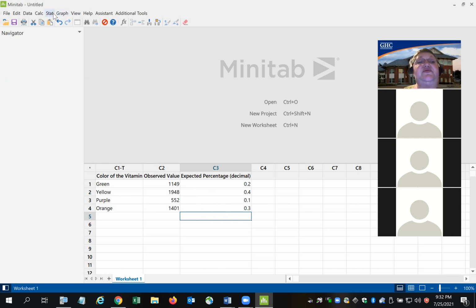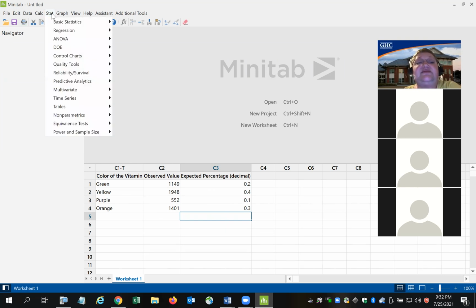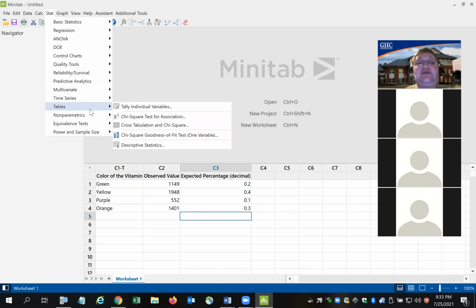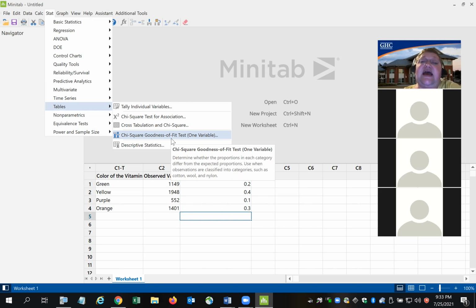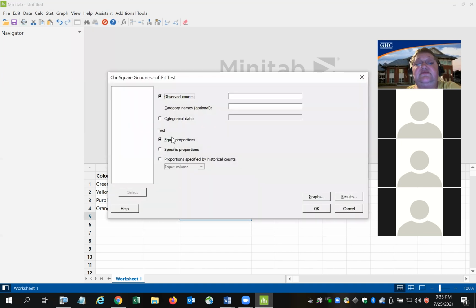Then I'm going to Stat, Tables, Chi-Square Goodness of Fit, One Variable. Then it asks me, where are your observed counts?